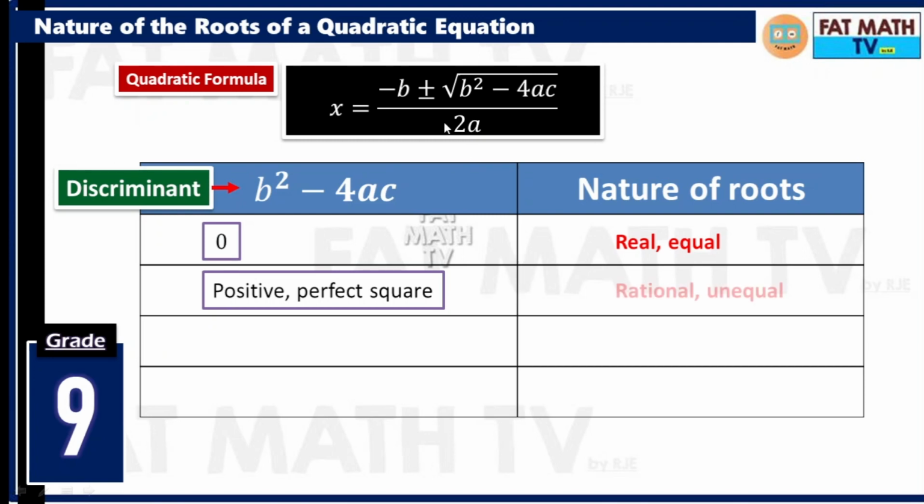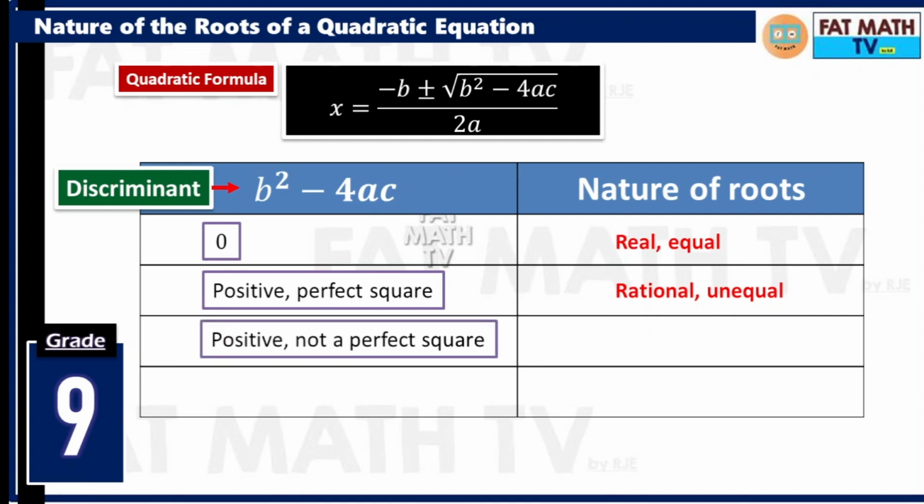So in this case, if the discriminant is positive and a perfect square, then the roots are rational and unequal. But if the discriminant is positive but not a perfect square, then you will have irrational, unequal roots.